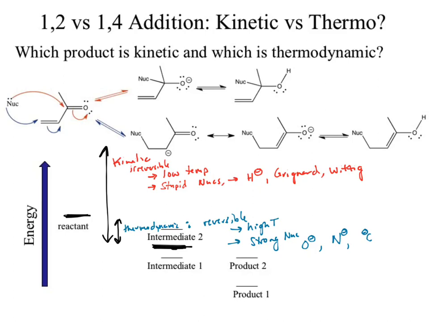Wait, what was a Grignard? What was a Wittig? So what am I saying when I say negative carbon? Gilman negative carbons. Okay.